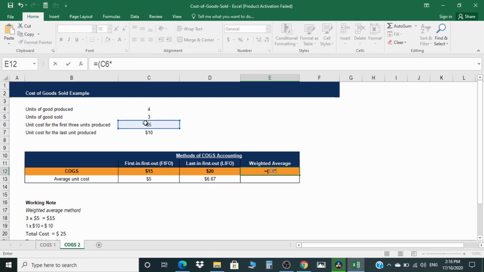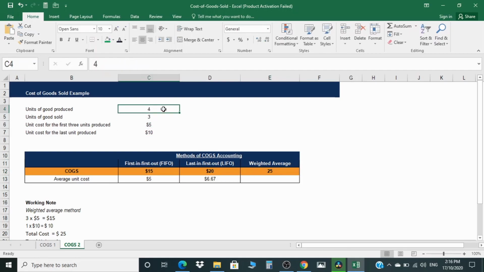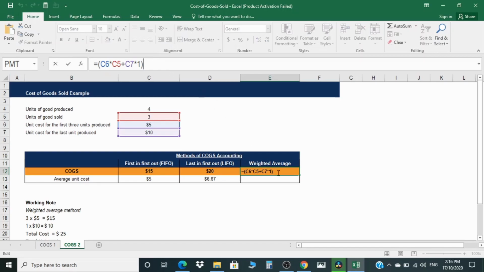The first place 3, so go by 3, plus how much you sold at the last place, 10 into 1, divided by 4, into 3.